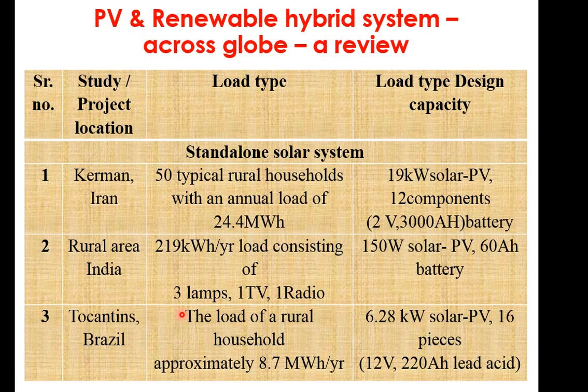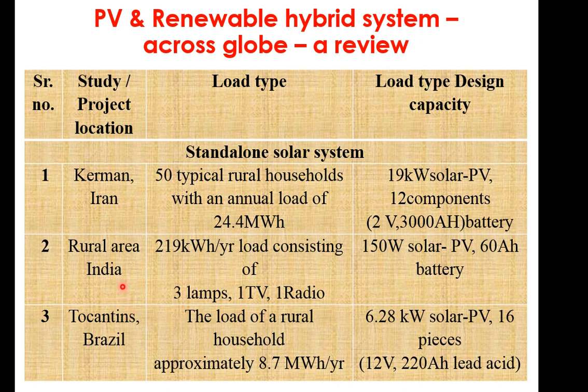Similarly, there are some renewable hybrid systems across the globe, and the overview of the system for a typical level of the hybrid system. So we have various challenges in the hybrid system.